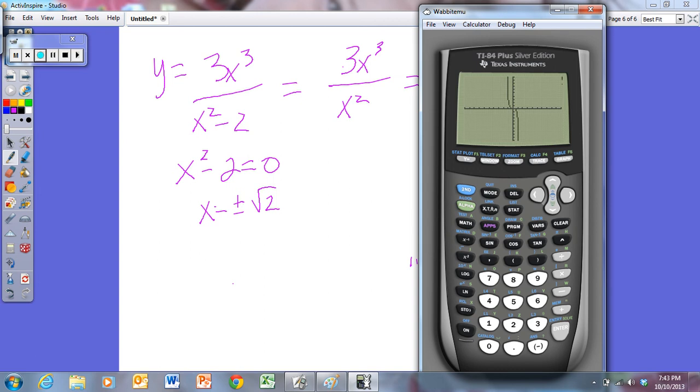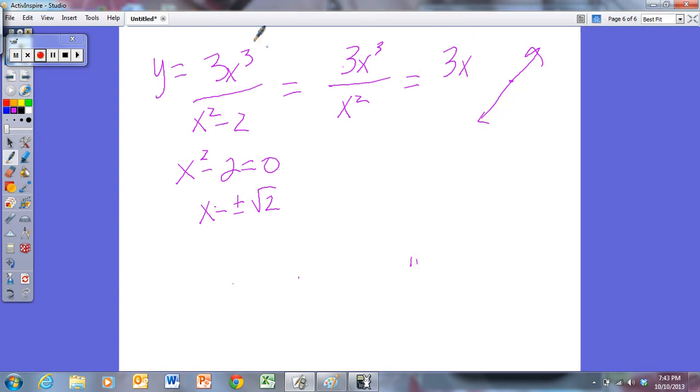But as you extend your window more, and you make it negative 1,000 to 1,000, it starts to look just like y equals x, which is a straight line. So that's a good way to tell end behavior from a function by dividing the numerator by the denominator.